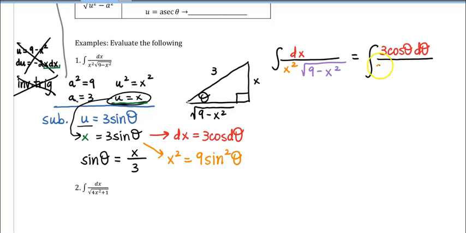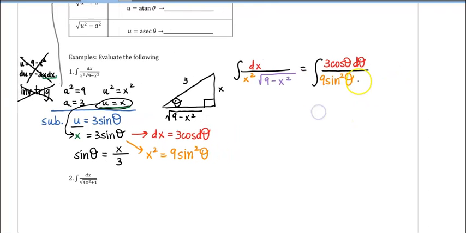So I'm going to substitute 9 sine squared theta in the denominator for that x squared. And then we have the square root of 9 minus x squared. So that's 9 minus, not x squared, but what x squared is: 9 sine squared theta.